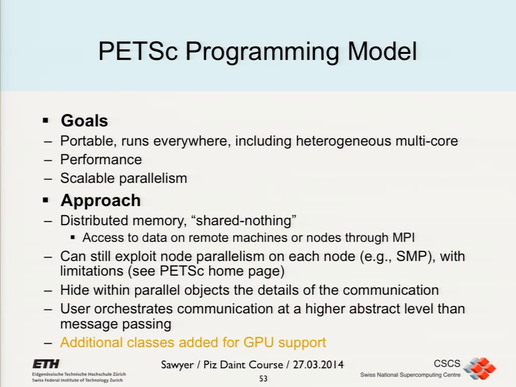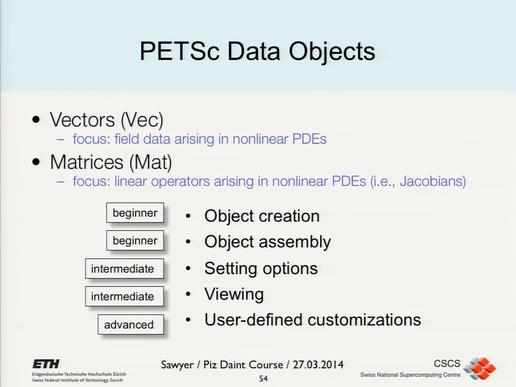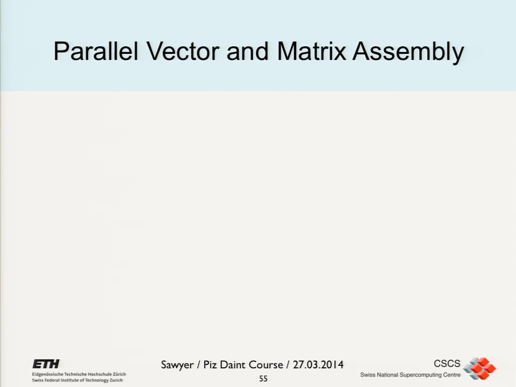There have been additional classes added for GPU support. I'll get to those in a second. The parallel complexity, this is a key thing. They try to hide the complexity of the parallel objects, and I'll show you an example in a second. So there are these high-level objects, vectors and matrices. We'll get to an example.